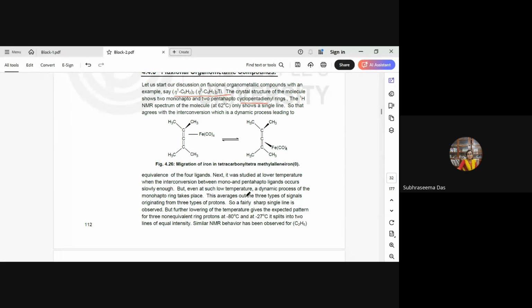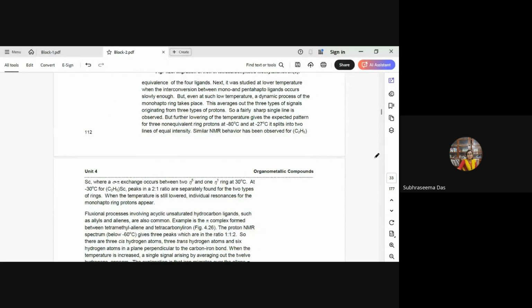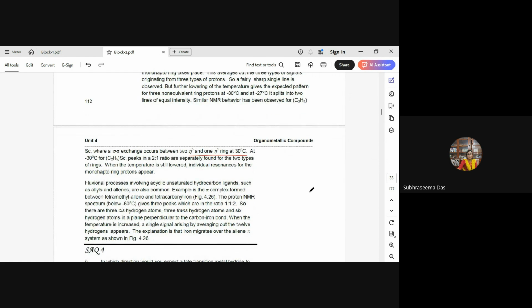From the NMR data, we found that an exchange occurs between the η5 and η1 ring at 30 degrees centigrade. So this is the fluxional process that involves the exchange between the cyclopentadienyl rings in a complex.